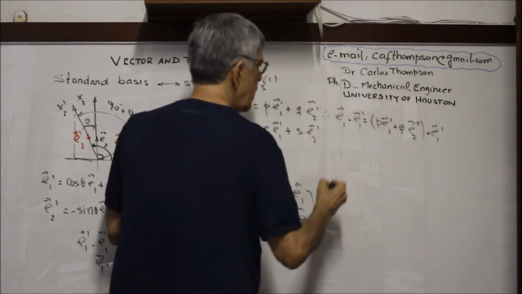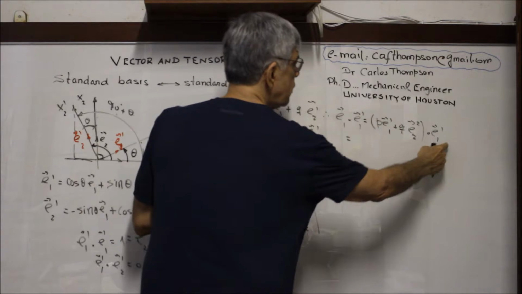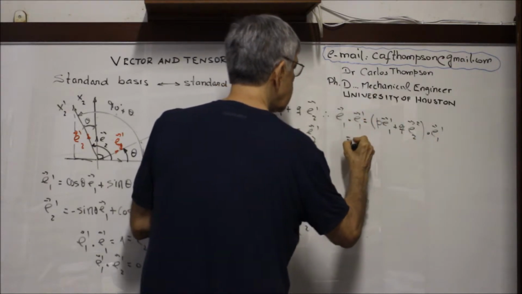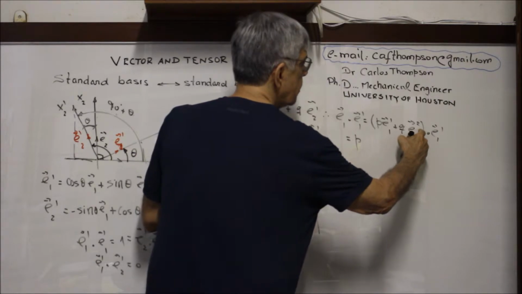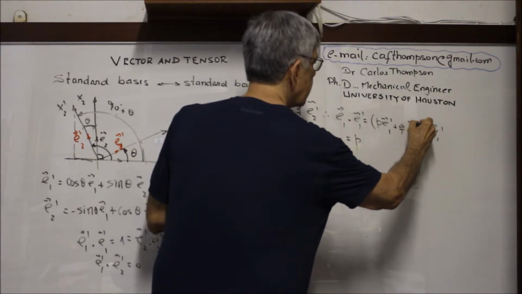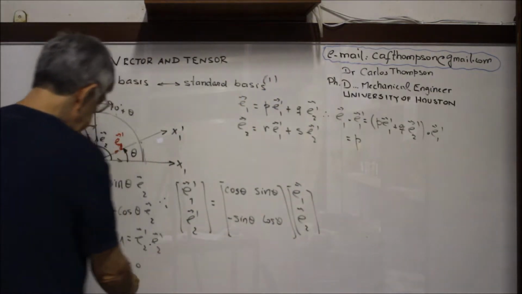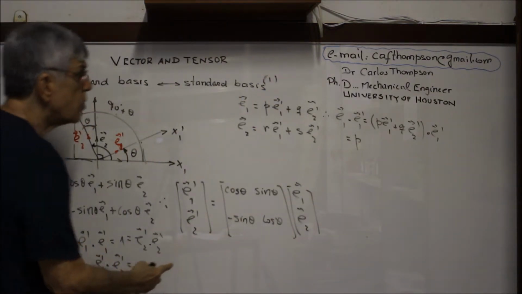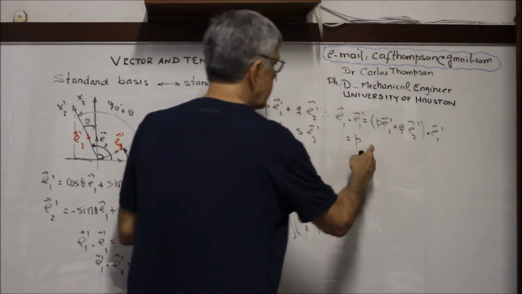E1 prime dot E1 prime will be 1, so this is P. E2 prime dot E1 prime will be 0, so this will be equal to P.